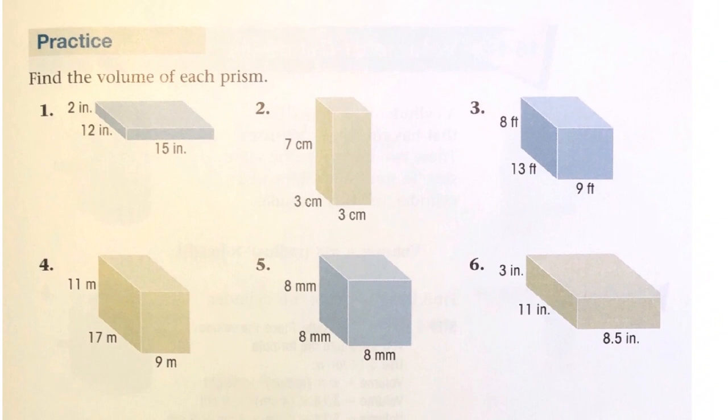All right, so for practice, find the volume of each prism. Length times width times height. We can write our formula because it's the same formula for all of them. So for our volume, we are multiplying the length times the width times the height.